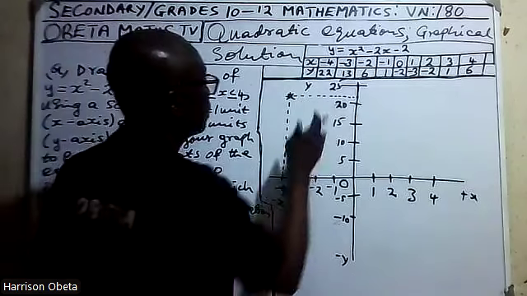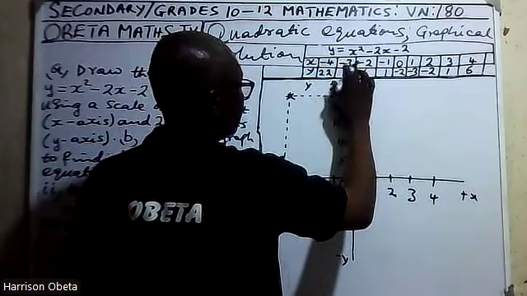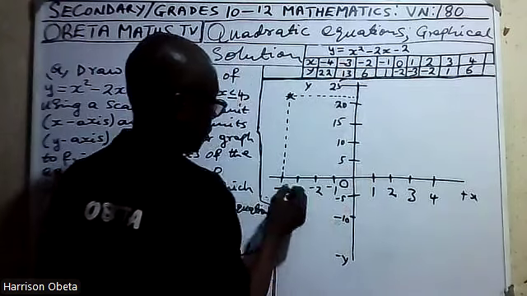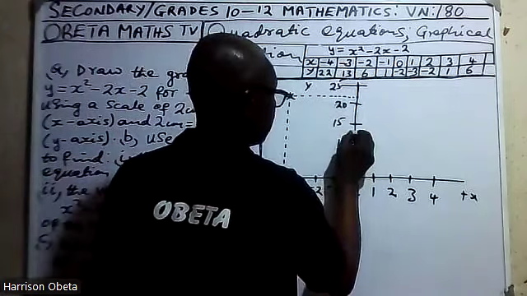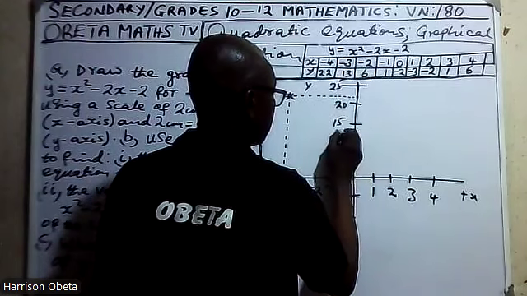So let's move on. When x is minus 3, y is 13. Minus 3, 13, assuming it's here.